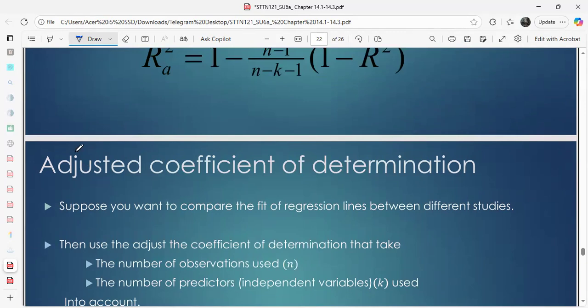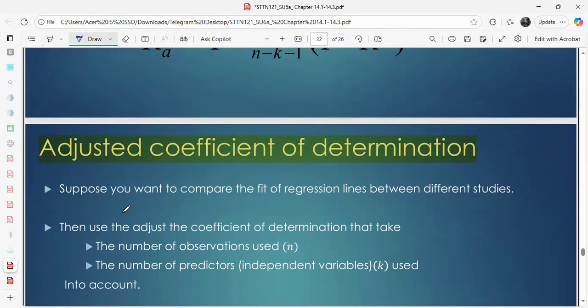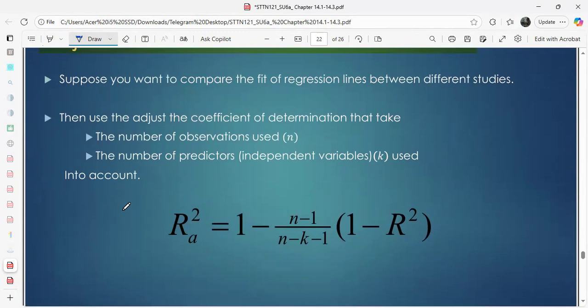Now again, this is very important. You saw the formula for the estimated regression equation: y bar is equal to b0 plus b1 x1, b2 x2. Remember, it will depend on the number of variables that you're given. You saw how to interpret and get those values on the output.